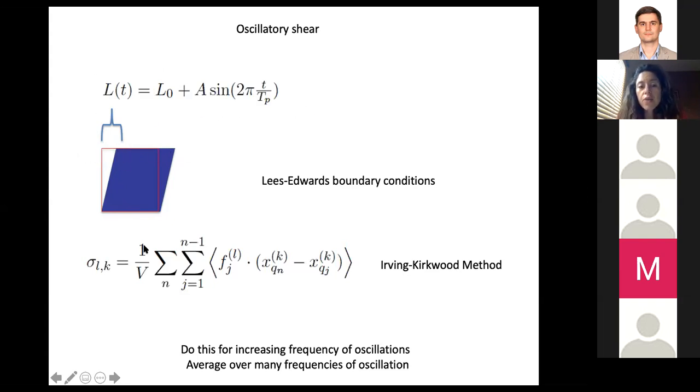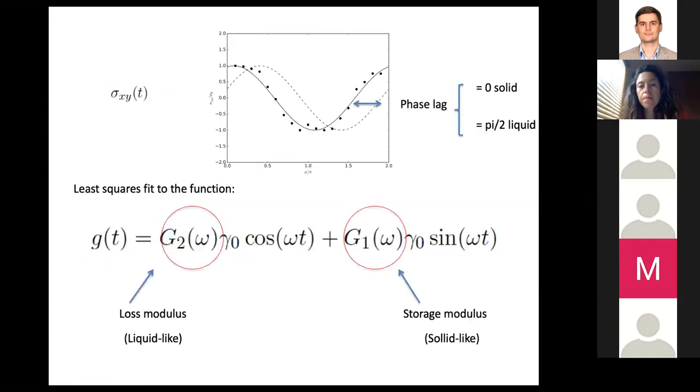And you record the stress tensor while you do that. So you can do this slowly, or you can do it very fast. So we do it in a range of frequencies of oscillation, and we average the stress tensor over many periods at each frequency.